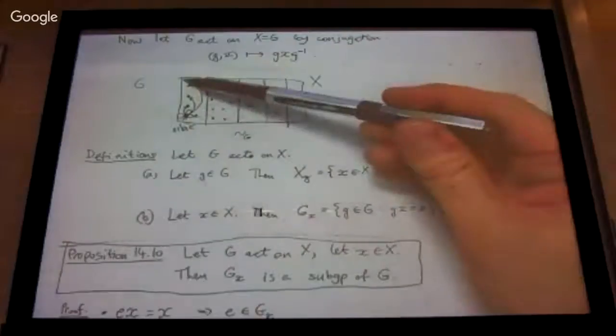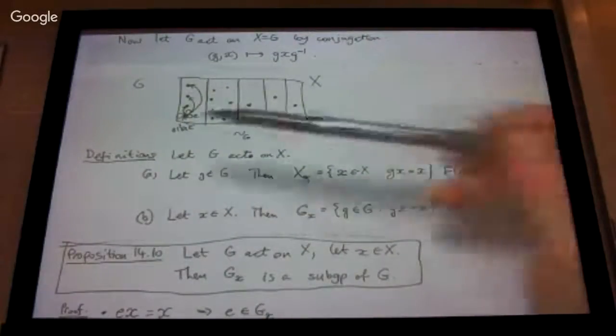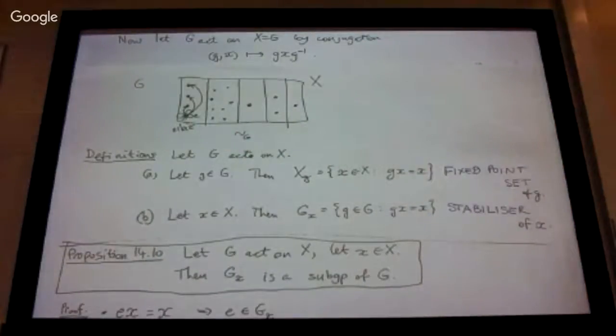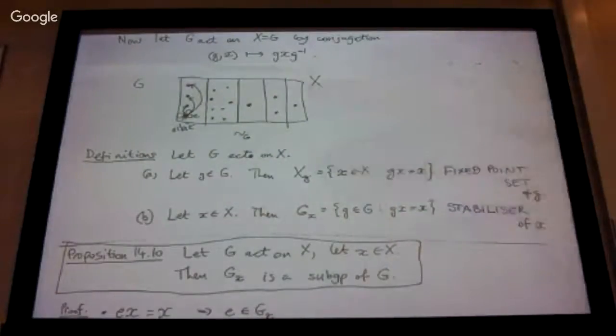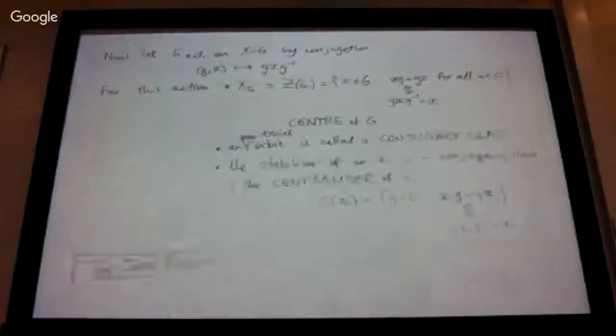And all these elements of X that can be moved one to another by a group element form an orbit. And so the orbits are classes of an equivalence relation. So it's a partition of the set into orbits.